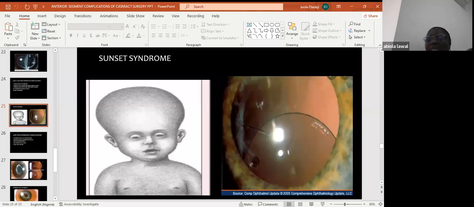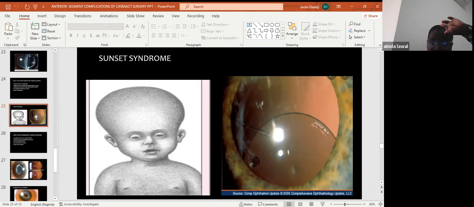You may be seeing them at 1 week post-op, or some days post-op, because it may not be apparent in the immediate post-op period. But when the patient comes, there's a block, the pressure is so high, in a patient that is not a previously known glaucoma patient, and you can obviously see that there's iris bombé. You want to do a PI, that's iridotomy, laser iridotomy.